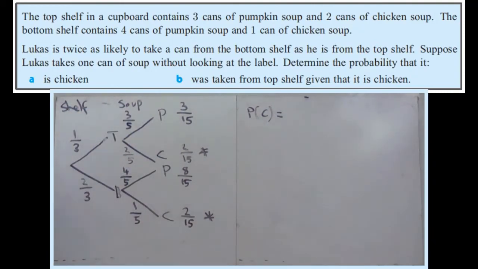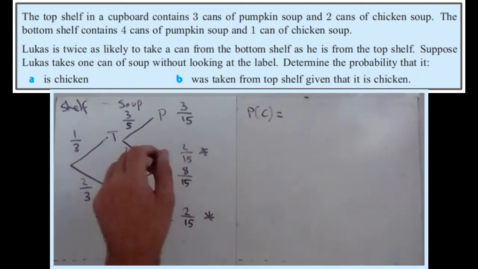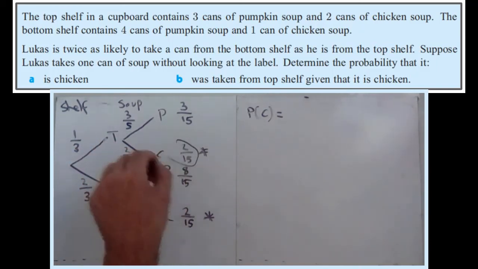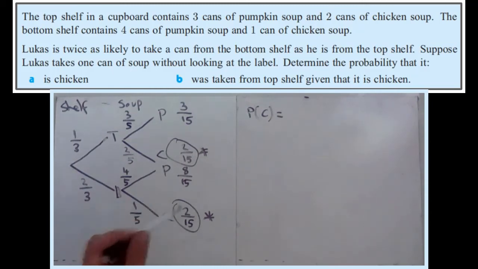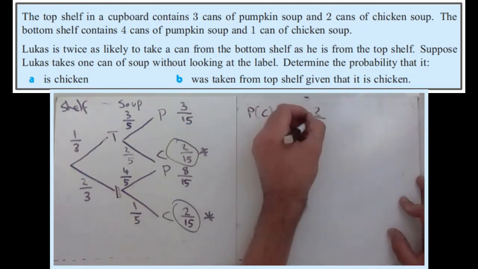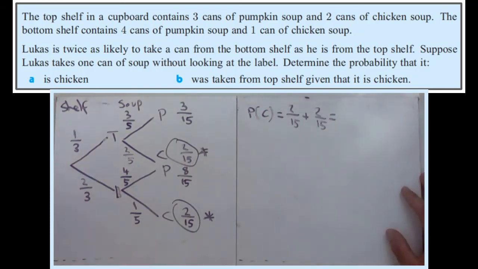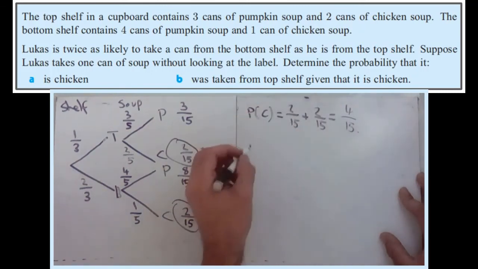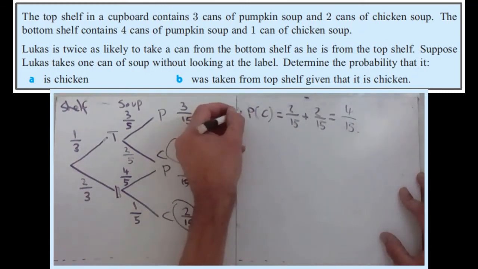So we can add. Or means add. So the probability of chicken is probability top shelf chicken, one way it can happen, plus bottom shelf chicken, the other way. So it's 2 over 15 plus 2 over 15 equals 4 over 15. That was part A.